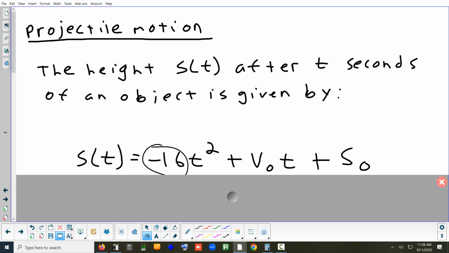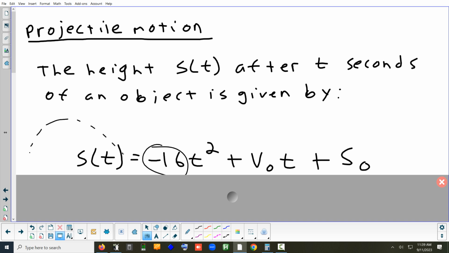We measure things in feet in this class. In physics, you probably would use meters. What this formula does is, you've got an object that's traveling like that, it's projectile motion. Even straight up and straight back down is technically projectile motion.